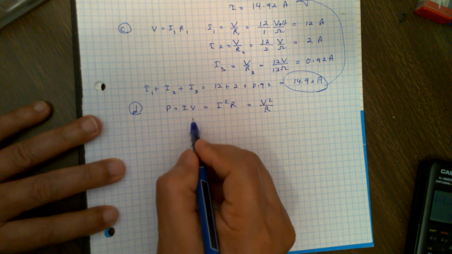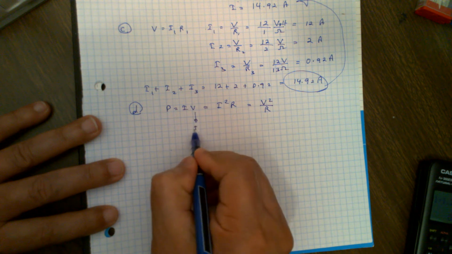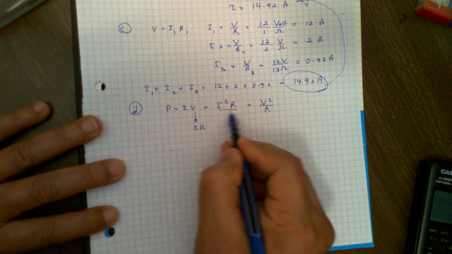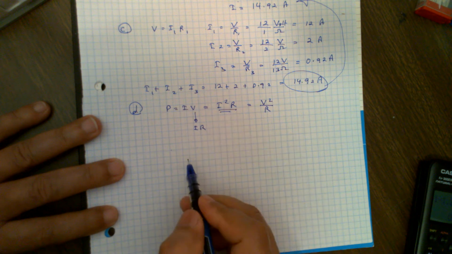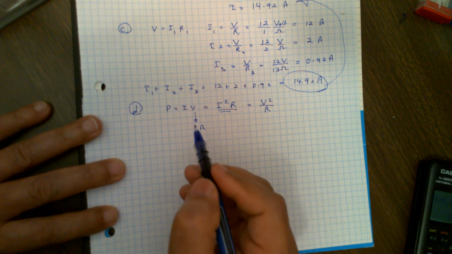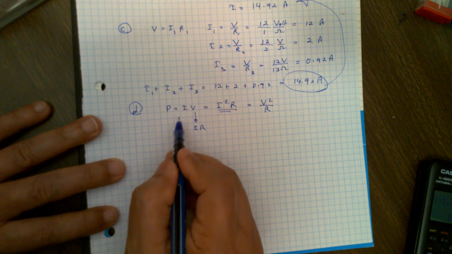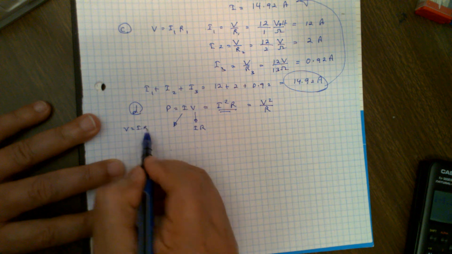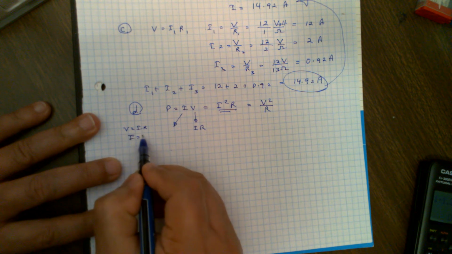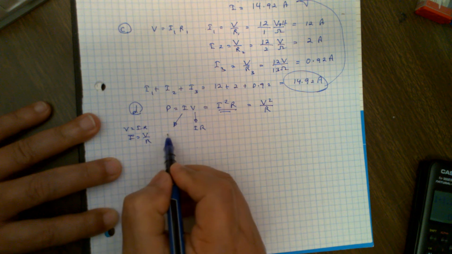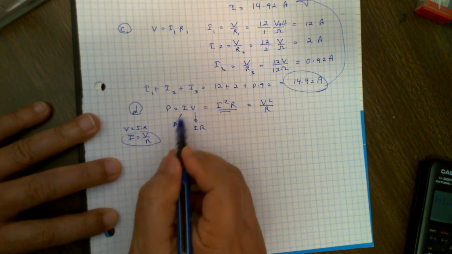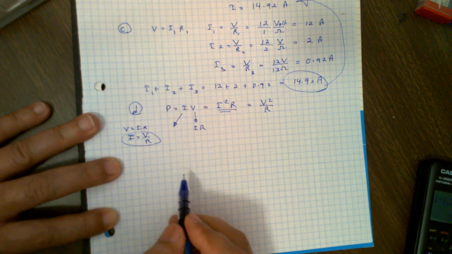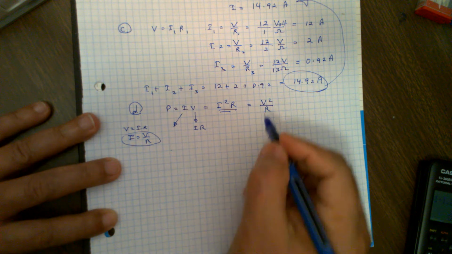V is equal to IR, so if I put V is equal to IR, then I times I is I square times R, so I get P is equal to I square R. Similarly, instead of substituting for V, I can substitute for I, because V is equal to IR, so I is equal to V by R. So if I substitute I is equal to V by R here, then I get V square by R. Okay, so that's how we get these formulas.